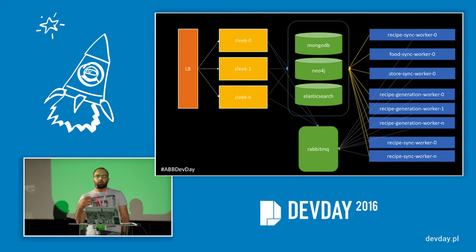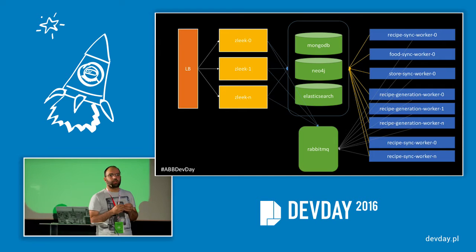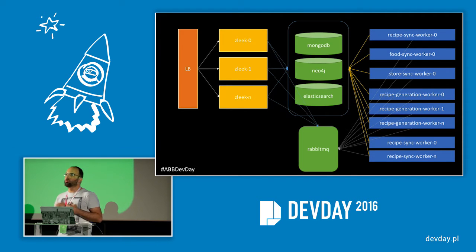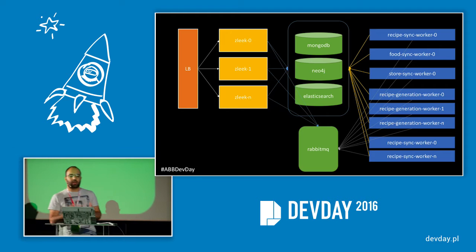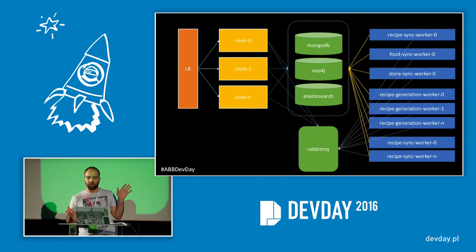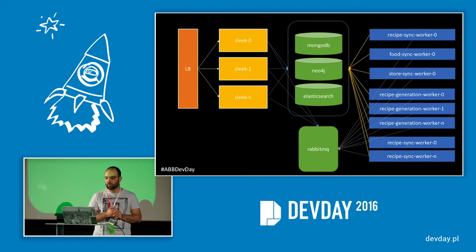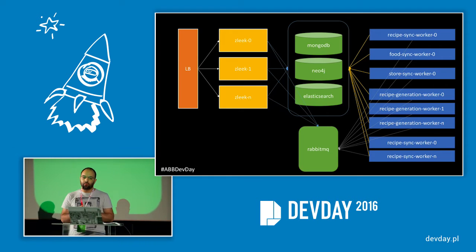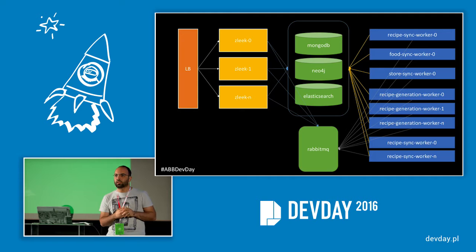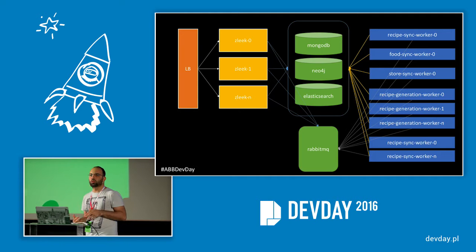We want to have an architecture that is going to survive the deployments, and that's going to survive high load and high capacity. So we have a few worker processes, we have a few types of data storage systems. We are embracing polyglot persistence as well, and then we also have a few nodes of our HTTP APIs, and then we will have some clients that are connecting to those APIs.